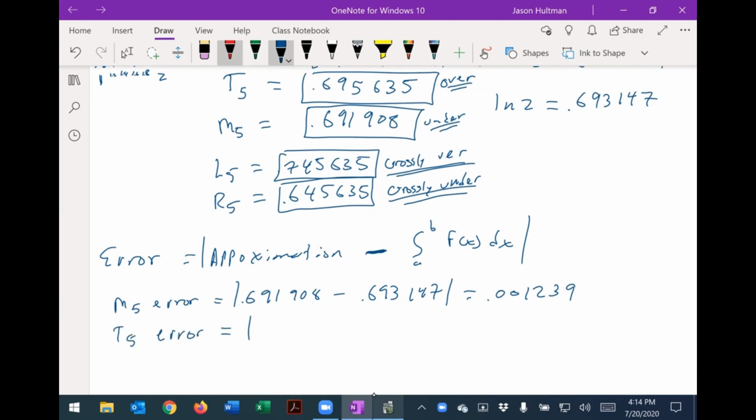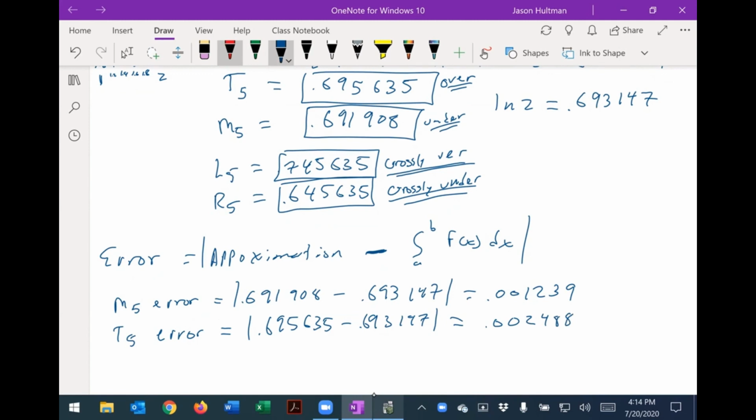That's the absolute value of 0.695635 minus 0.693147, and that equals 0.002488, almost twice the error.